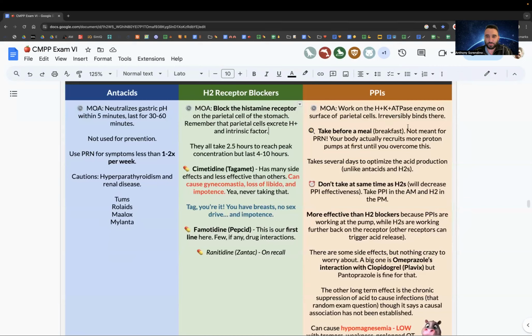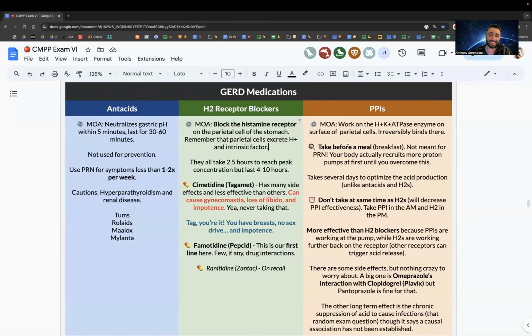They irreversibly bind there. You want to take these before a meal. All right, they're not meant for a PRN. And I think if you need to take PPIs and H2 receptor blockers, I just think of pH. So you take the PPI first, and then you're generally going to take the famotidine later. Oh, I have it right here. Take PPI in the AM and take the famotidine before bed. So that's hopefully going to prevent those GERD spells at night.